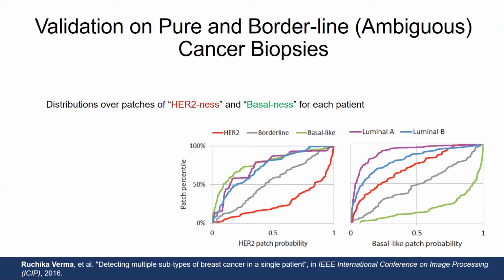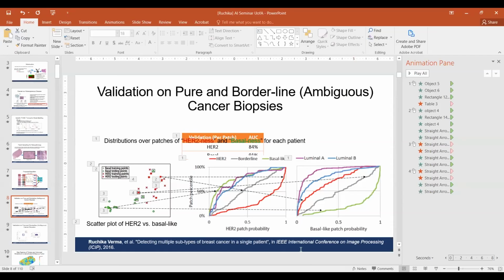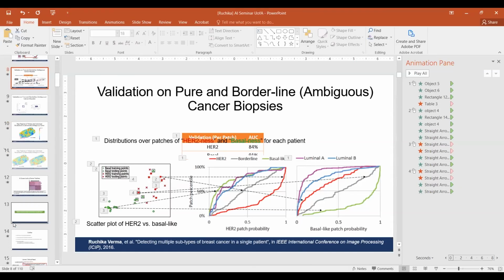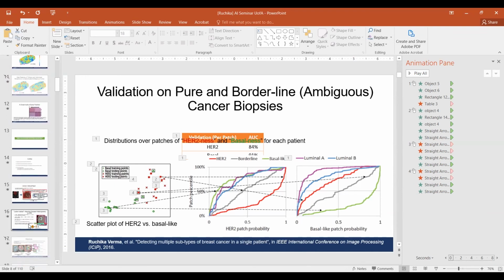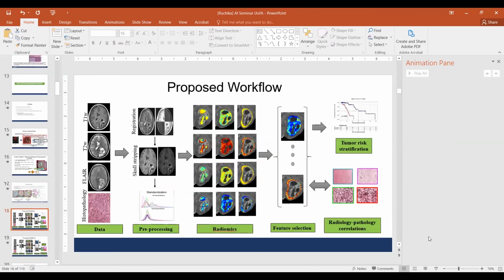So in the second project of yours, you were talking about radiomic feature selection and extraction, right? Yes. You performed something called tumor risk stratification, if I'm not wrong.